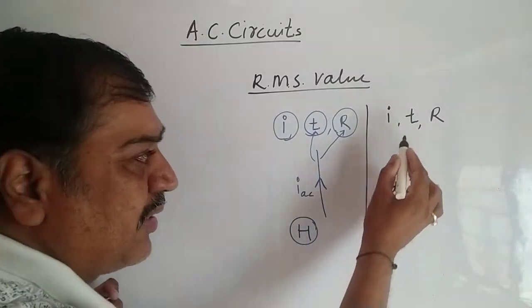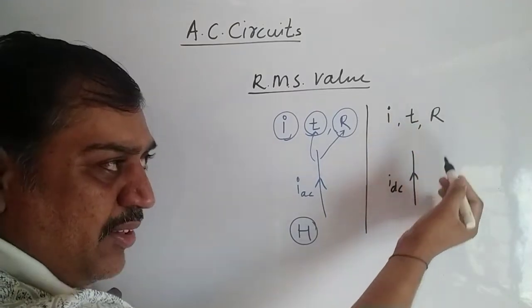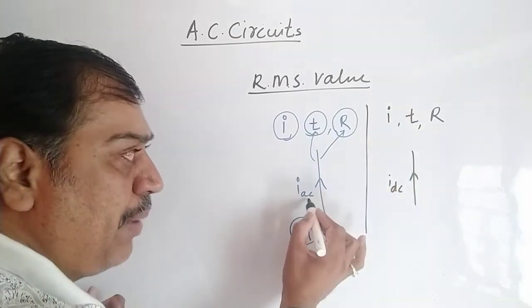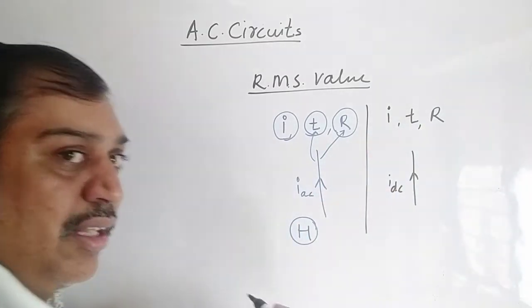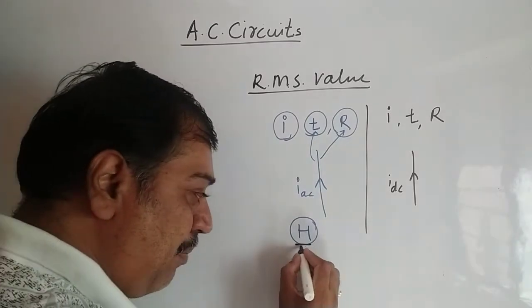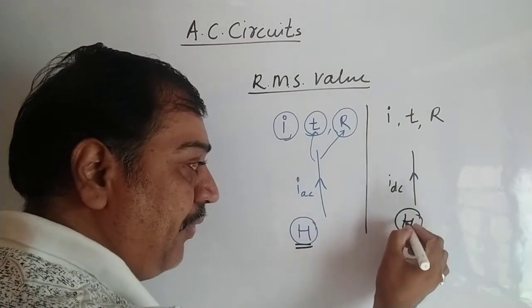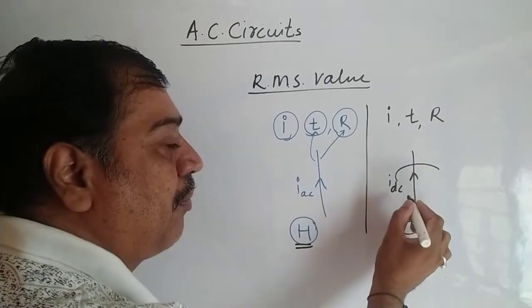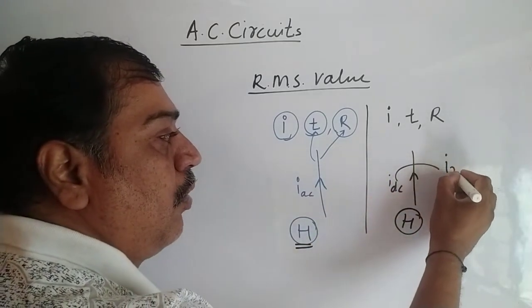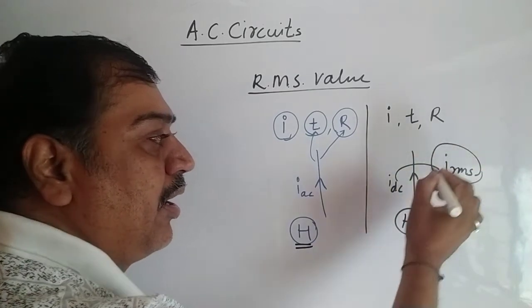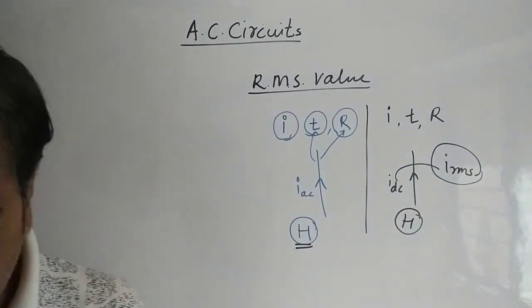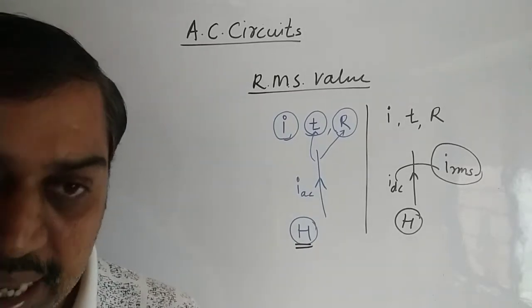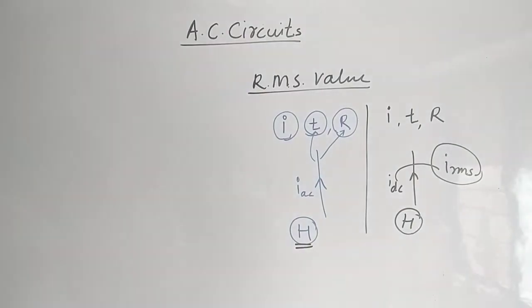If it produces the same amount of heat, then this DC value of current is said to be the root mean square value of current, represented by I RMS, and that we have to find out. The same thing has been explained in these five to six lines. So let's find out the value.